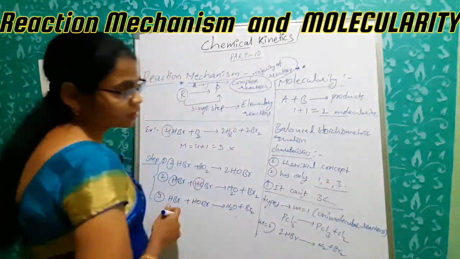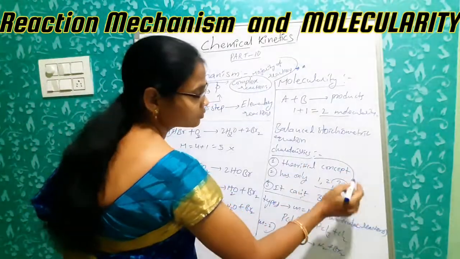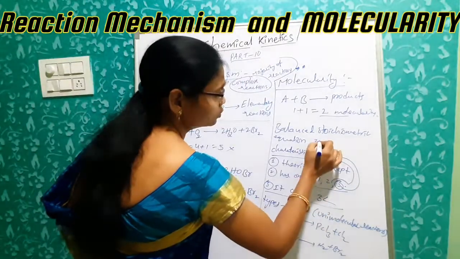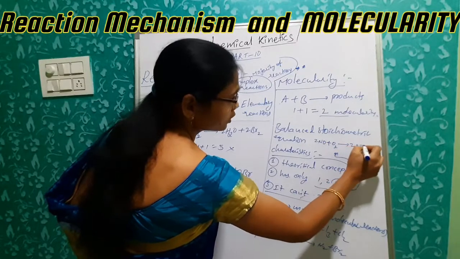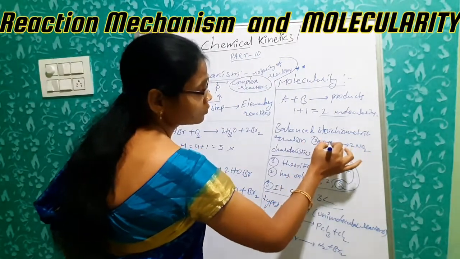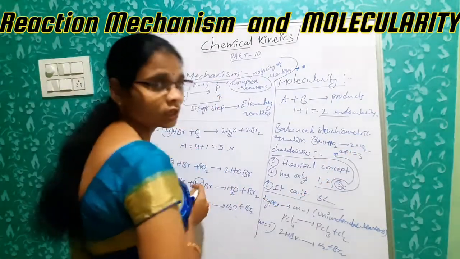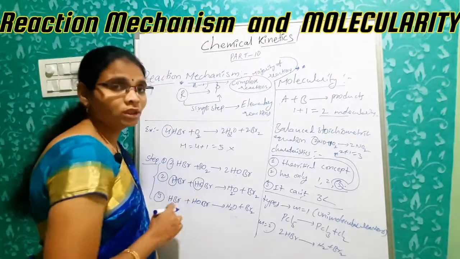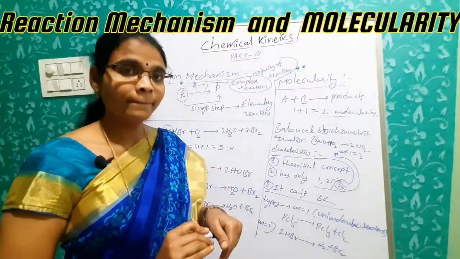Now I will write a trimolecular reaction: 2 moles of NO react with O2 to give 2 moles of NO2. Here 2, here 1. So 2 plus 1 equals 3, a trimolecular reaction. So this is about the molecularity of that reaction.